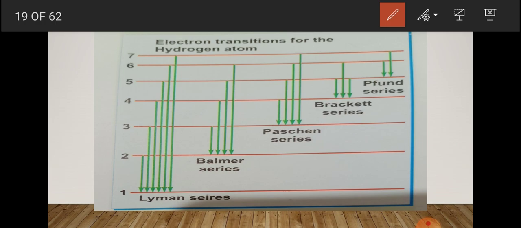In the Lyman series, you can see 1, 2, 3, 4, 5, 6 rays. Here it should be 5, then 4, then 3, then 2. On that ray only the ray is returning.